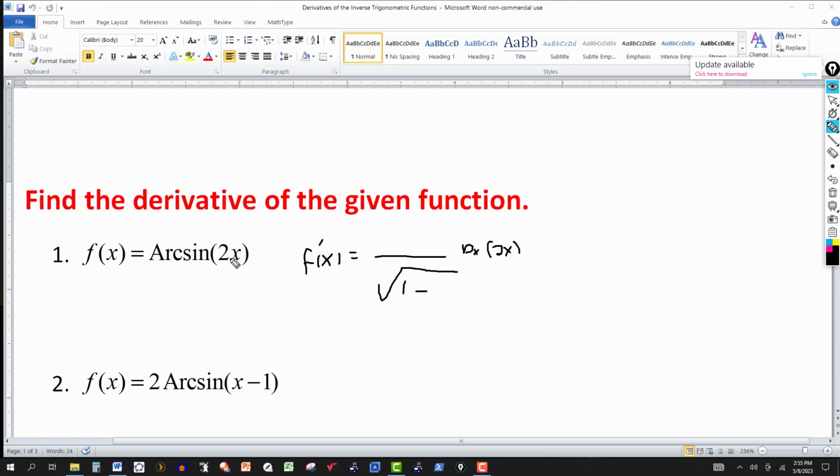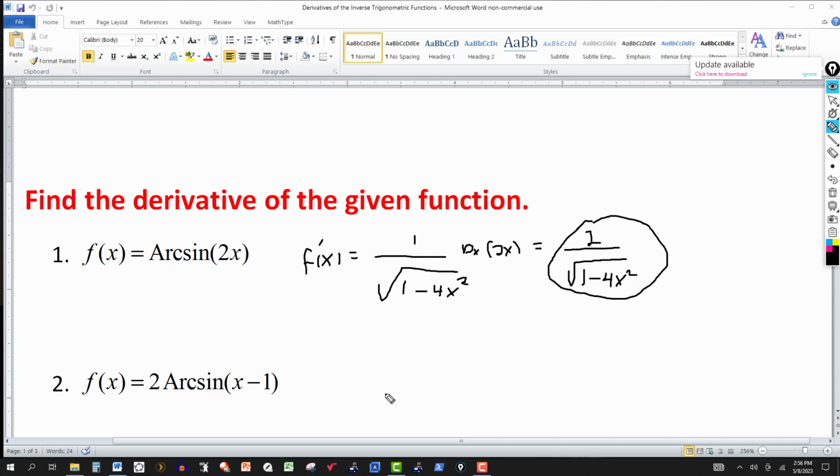Again, u in this example is 2x, so if I square that, I get 4x squared. The derivative of 2x, and there's a 1 up here, is 2. So I get 2 over the square root of 1 minus 4x squared. So that's the derivative of the first one.